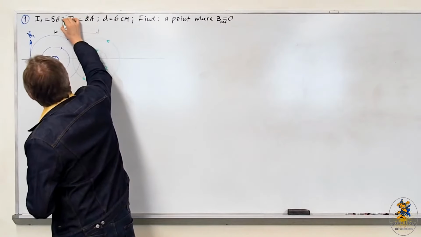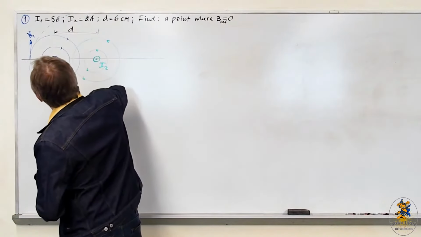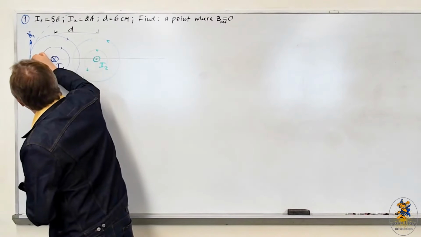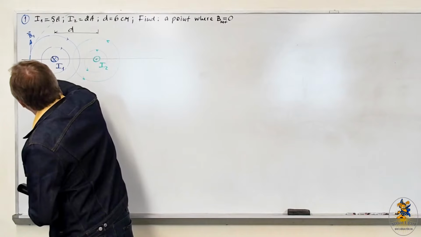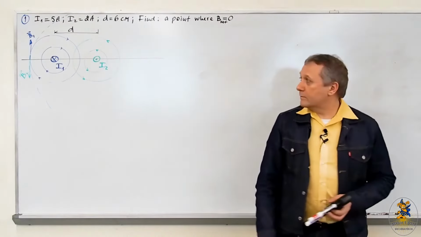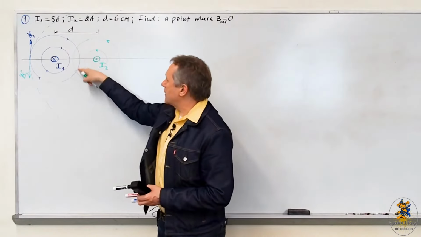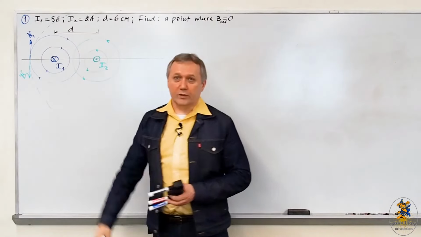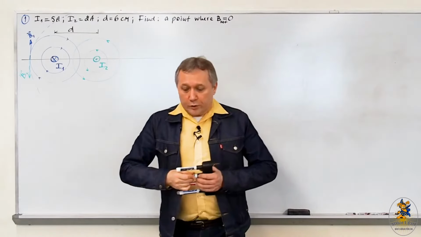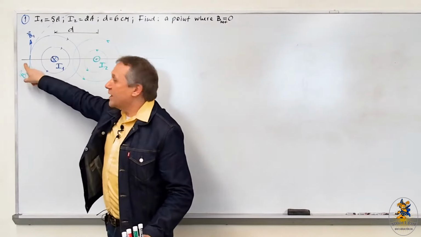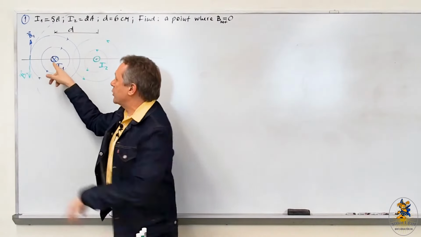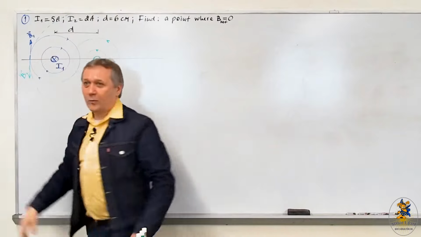It will go sort of like this, and the direction of this magnetic field will be this way, B2. Over here I drew one of these magnetic field lines which would go, for example, through that point. So the question is, is it possible to have 0 net magnetic field in this region to the left of current I1?